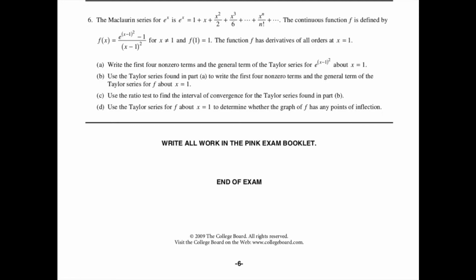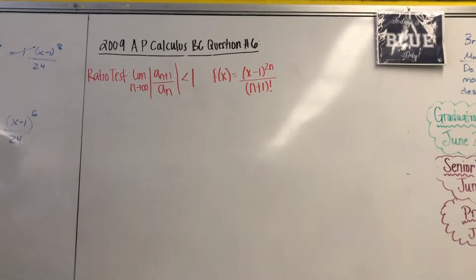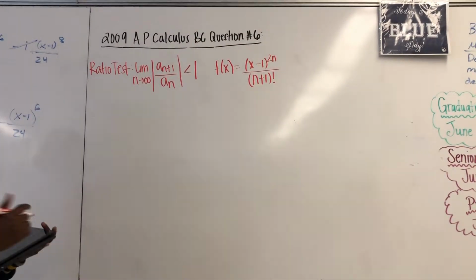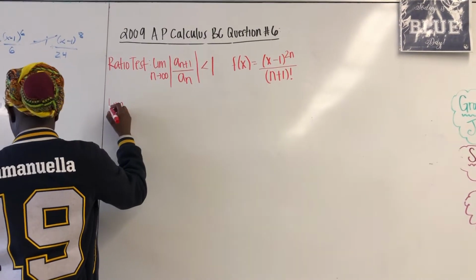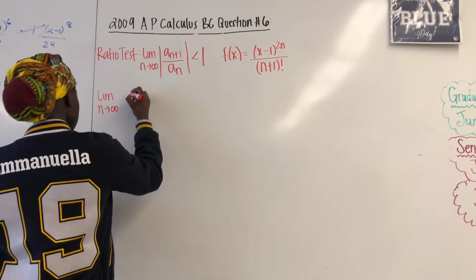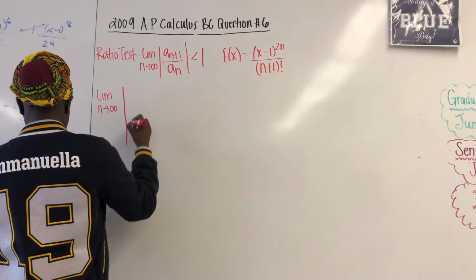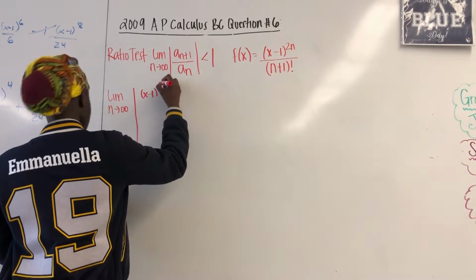Part C asks us to use the ratio test to find the interval of convergence for the Taylor series found in Part B. In order to solve this, you must know the ratio test equation, which is the limit as n approaches infinity of the absolute value of a sub n plus 1 over a sub n is less than 1.